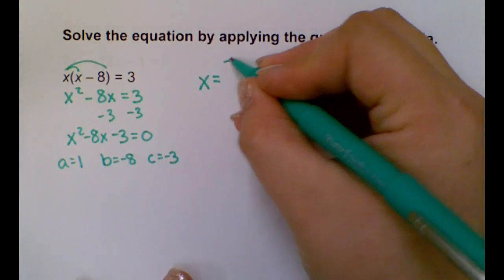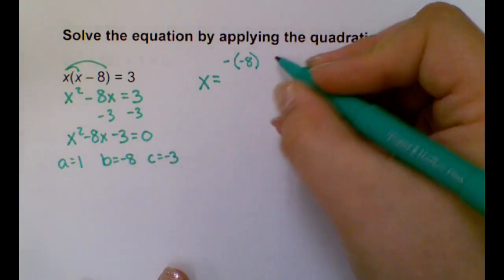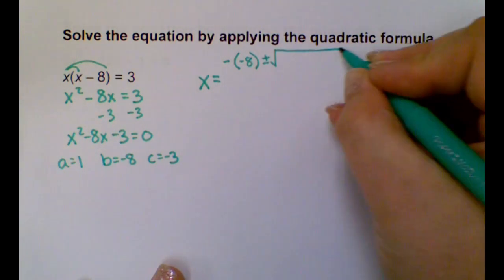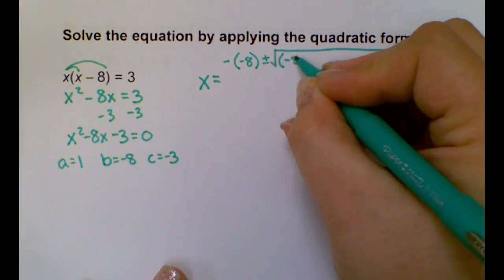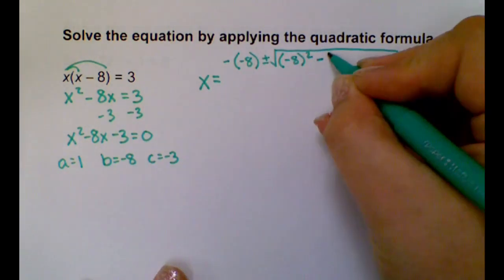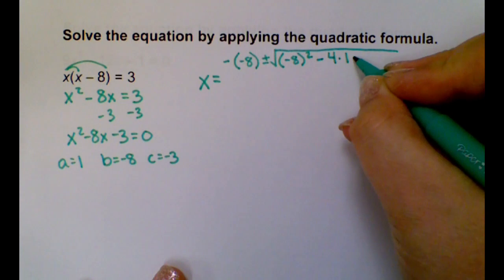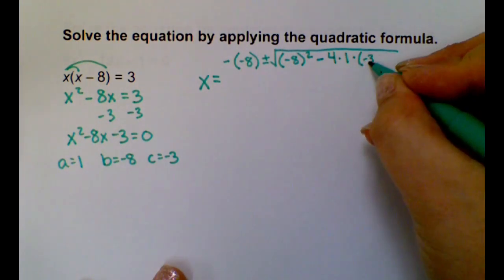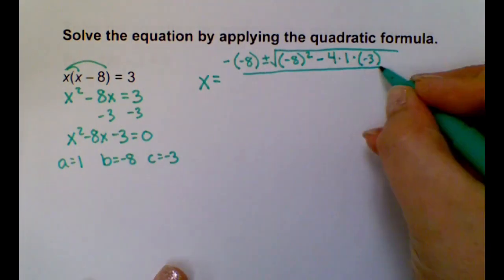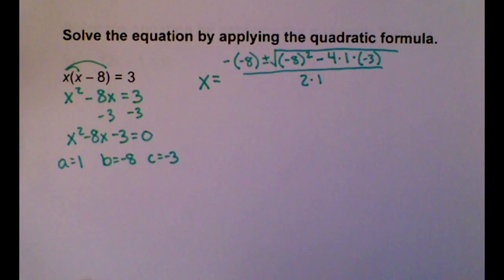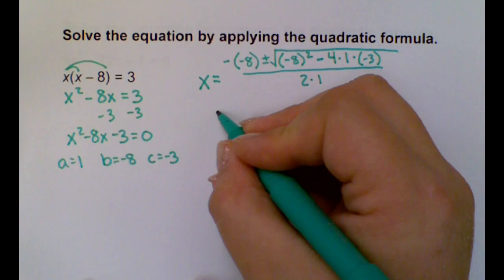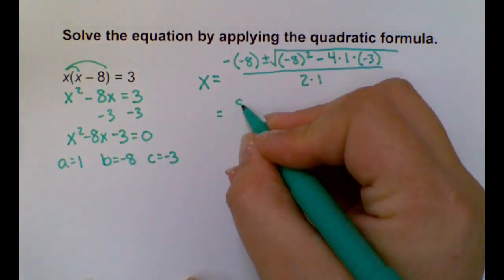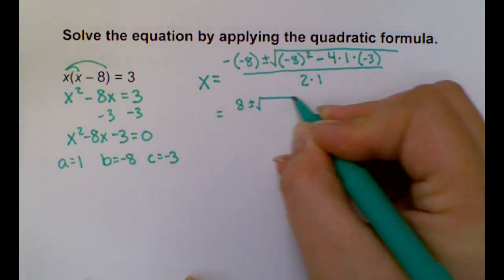So quadratic formula, negative b, so negative negative 8, plus or minus the square root of b squared, so negative 8 squared, minus 4 times a, which is 1, times c, which is negative 3, all over 2 times a, which is still 1. And we simplify. Double negative makes it a positive 8, plus or minus the square root.